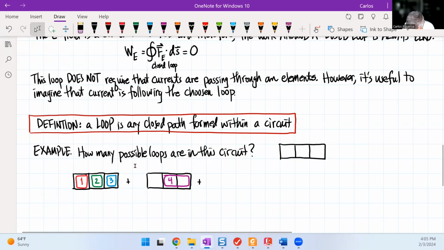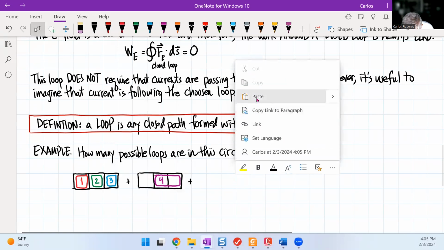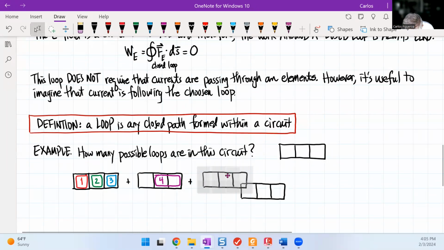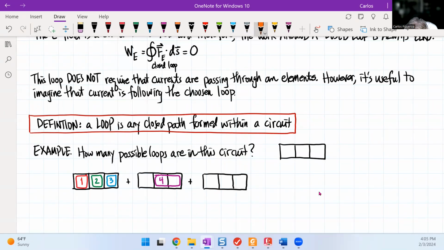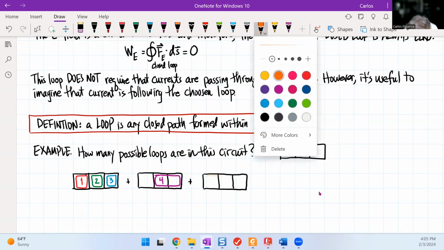Or here's another possible loop, would be the other side of this guy, which then tells me that I have this loop right here.